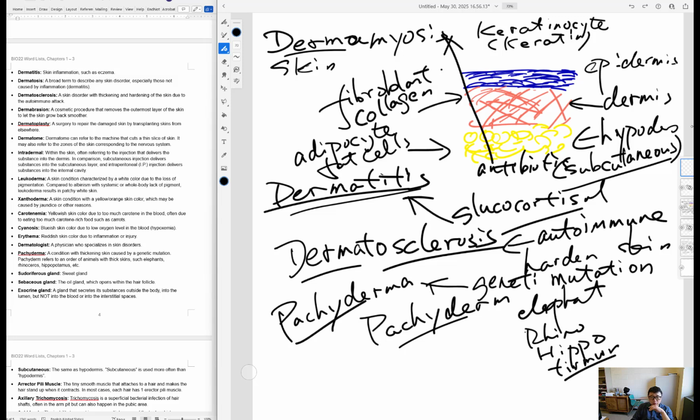And in some categories, the subcutaneous layer is not even part of the skin. The most defined parts of the skin are the epidermis and the dermis. So with an intradermal injection, it can be just in the dermis, not the epidermis and not the subcutaneous layer, only the dermis. That's why we call it intradermal injection.